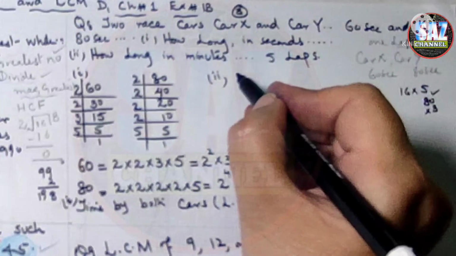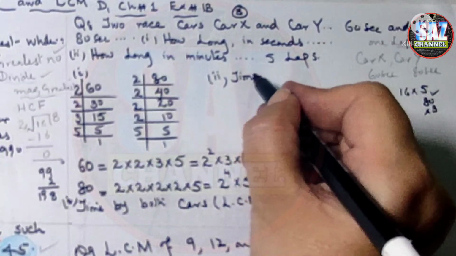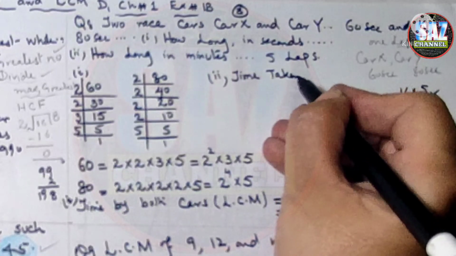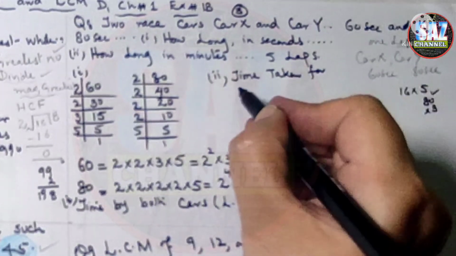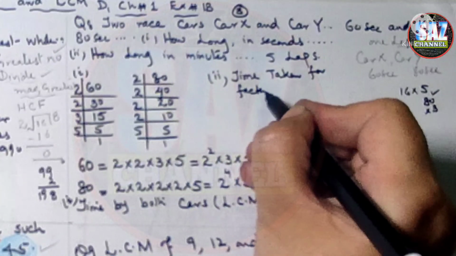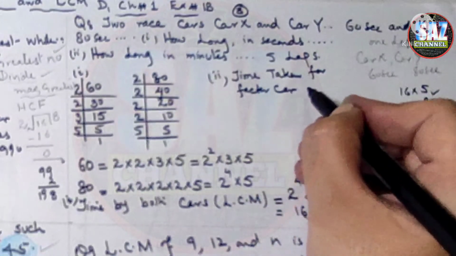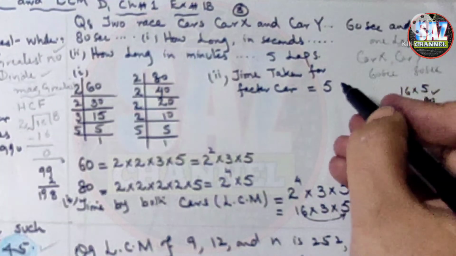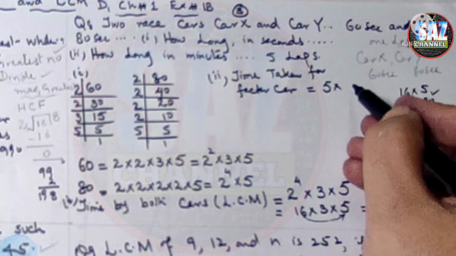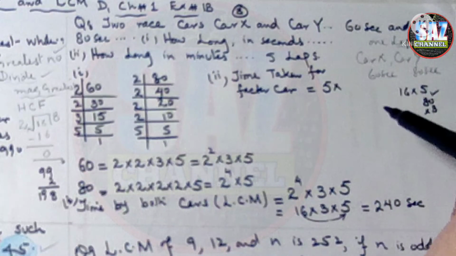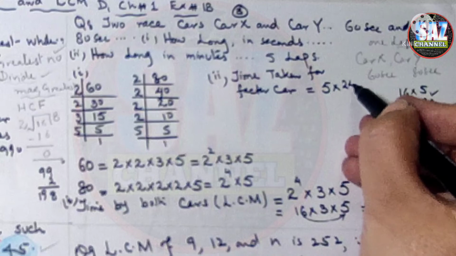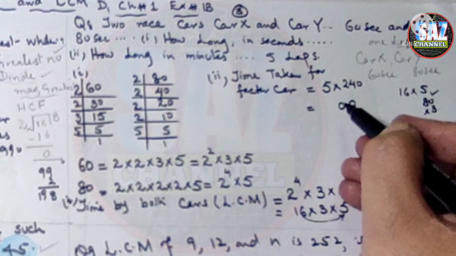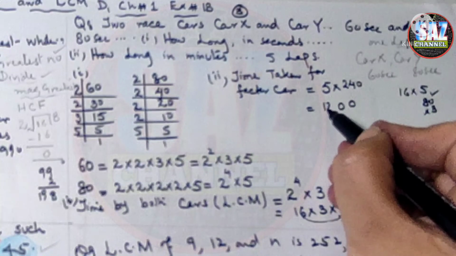Okay, so the time taken for the faster car, what we have to do, we will be multiplying and it has to be for 5 laps. For 1 lap they are taking 240 seconds multiplied by 5: 5 times 0 is 0, 5 4s are 20, 5 2s are 10, and this is 1200 seconds.